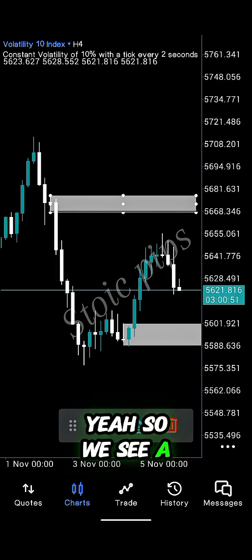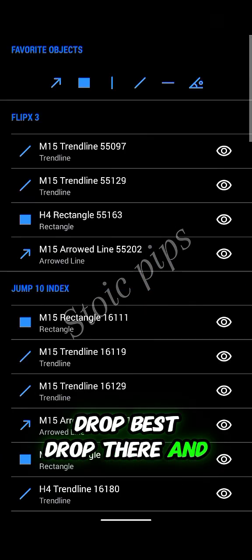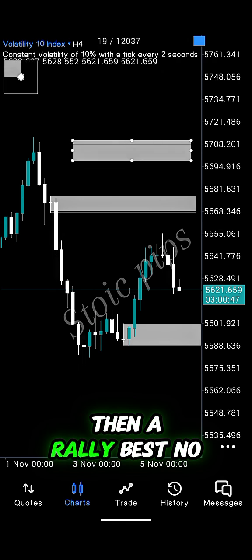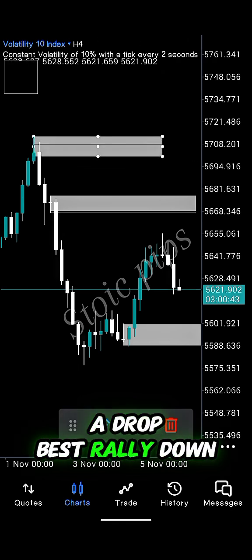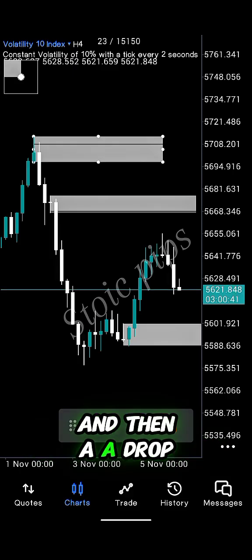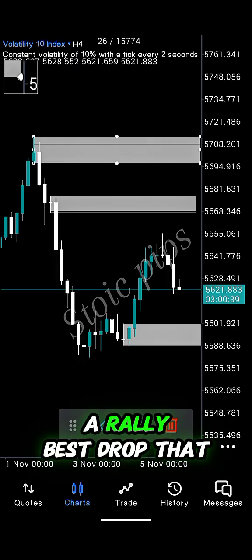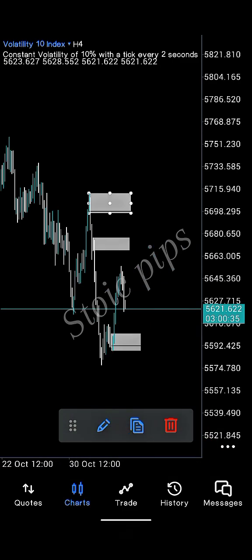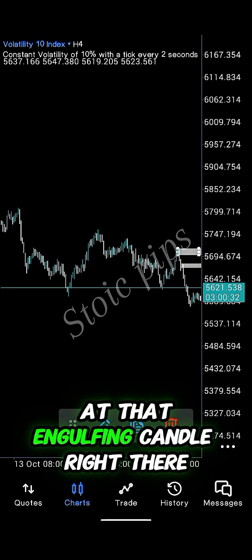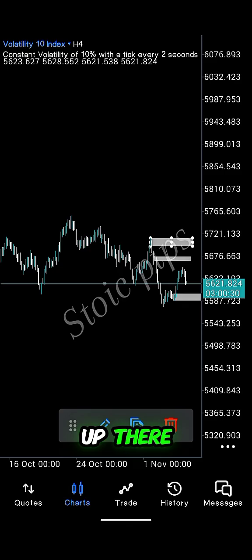Yeah, so we see a best drop there, and then a drop best rally down, and then a rally best drop, that is at that engulfing candle right there, up there.